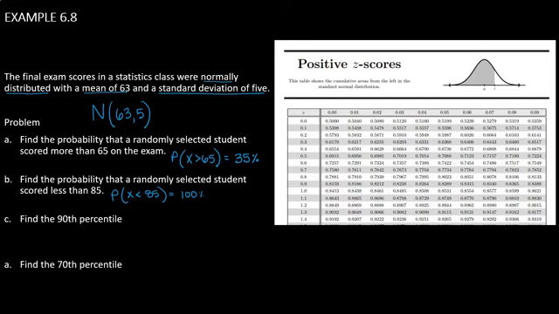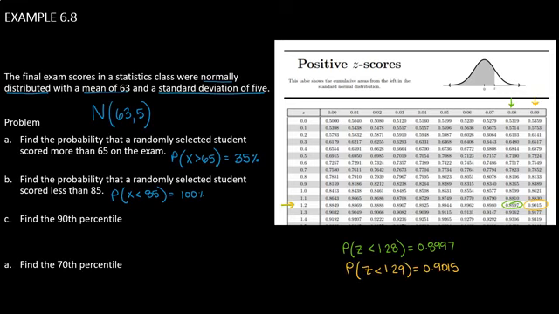Combing through these areas, you'll notice there is not a single one that's exactly equal to 0.9. But we can find one that's pretty close, 0.8997. That corresponds to a z-score of 1.28. But then there's another one that's pretty close, 0.9015, and that corresponds to a z-score of 1.29.